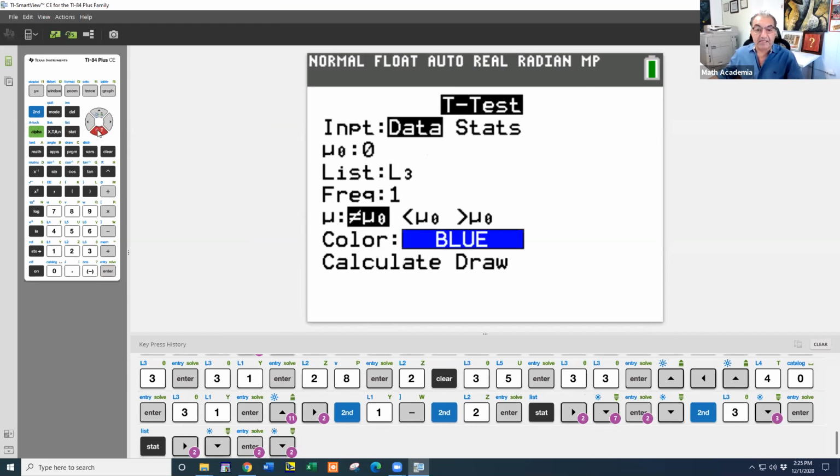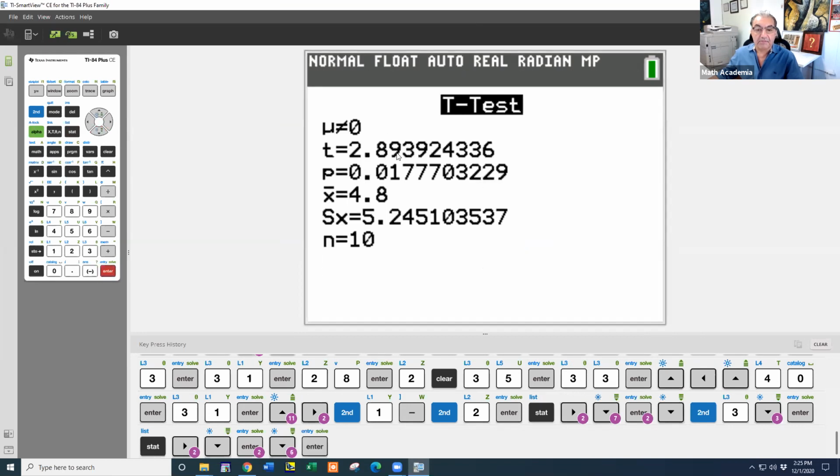The list is L3, and it says it didn't make a difference, so it's not equal to. Then you can calculate. And 2.89 is the test statistic, 0.00177 is the p-value. So again, the problem was testing, and I did the interval instead, which should be all right.